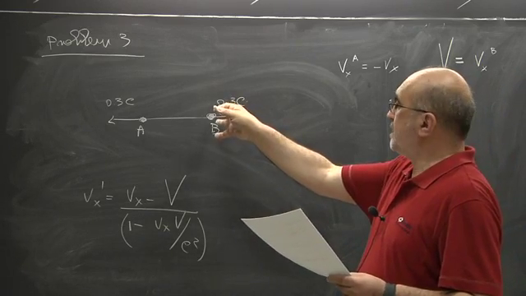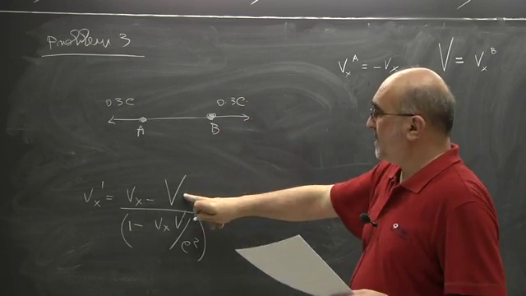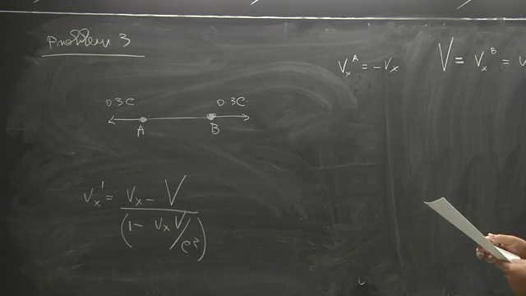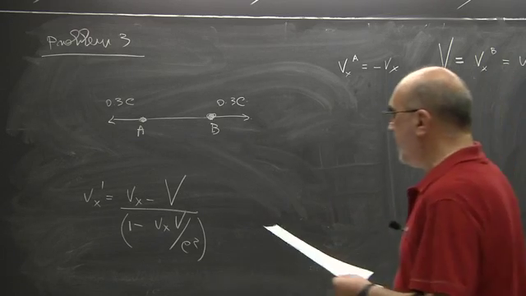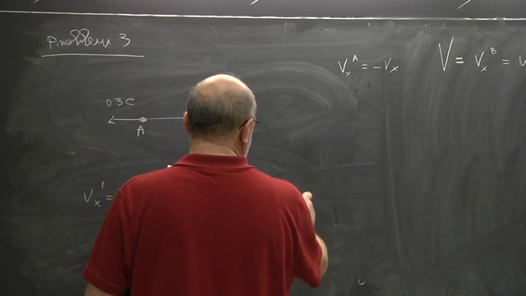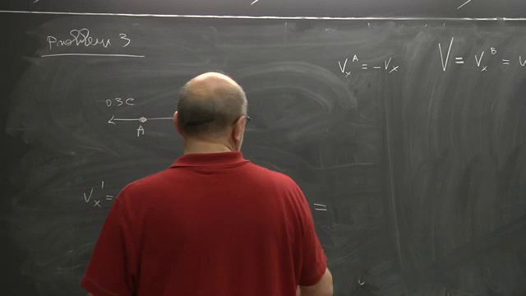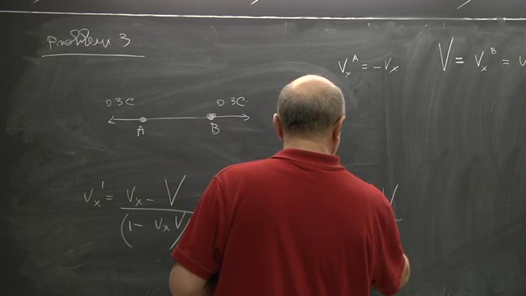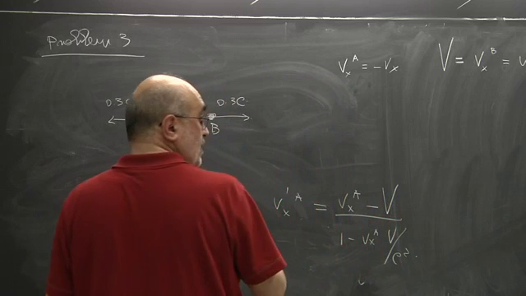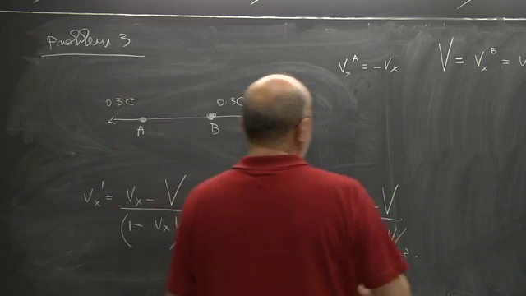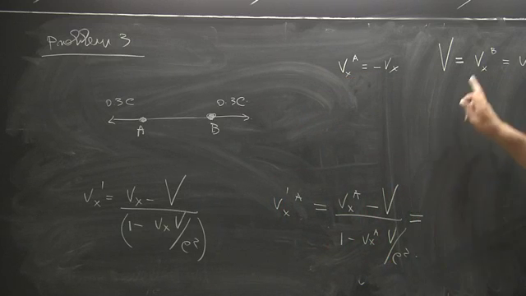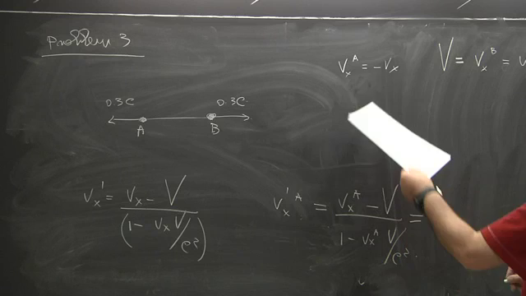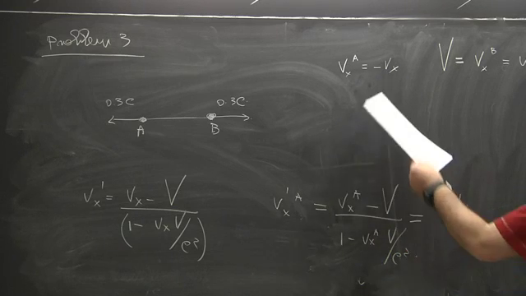Now we have all the numbers to insert here, so we want the velocity x prime of galaxy A, and we put Vx of A minus V, over 1 minus Vx of A times V over c squared. So we put in Vx of A is minus Vx.